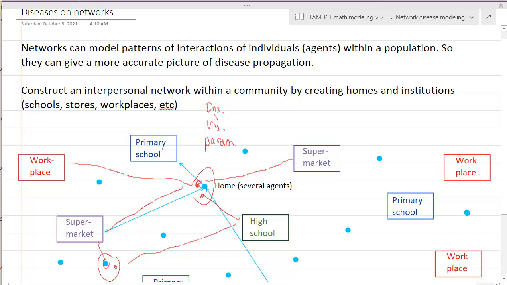All right? So that's what we're going to do. We're going to set up institutions, we're going to set up homes, and we're going to populate the model with agents, which are individuals, agents of different types, which will have different patterns of visiting different institutions. And then based on that, we will have a way of connecting agents with agents and essentially constructing a social network.